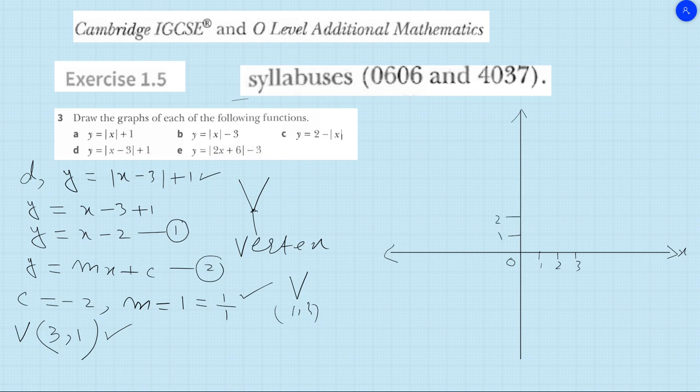So our vertex is 3, 1. So this is our vertex. Okay, and our y-intercept is minus 2. See this. So our graph must pass through this point 3, 1.